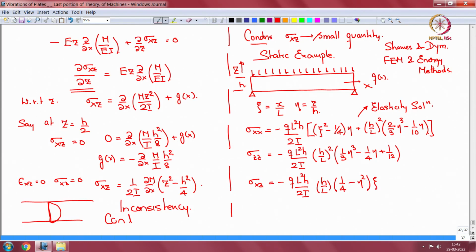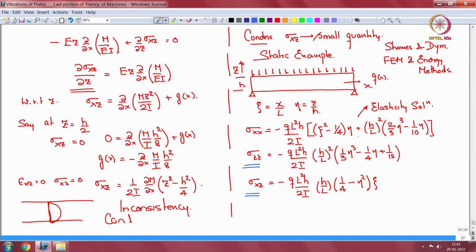Okay, so you can see now, if you do this solution from just Euler Bernoulli theory, you will find, of course, zz is 0, and xz is whatever it is.